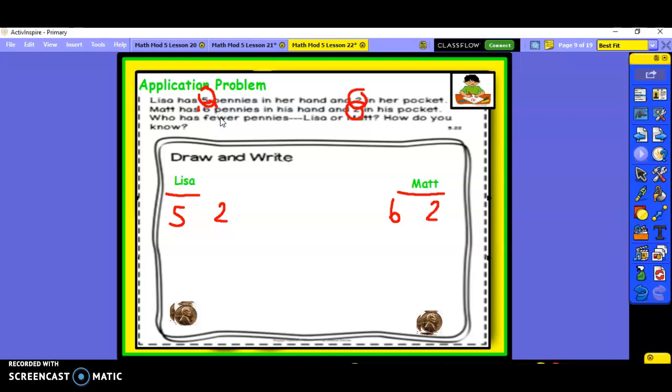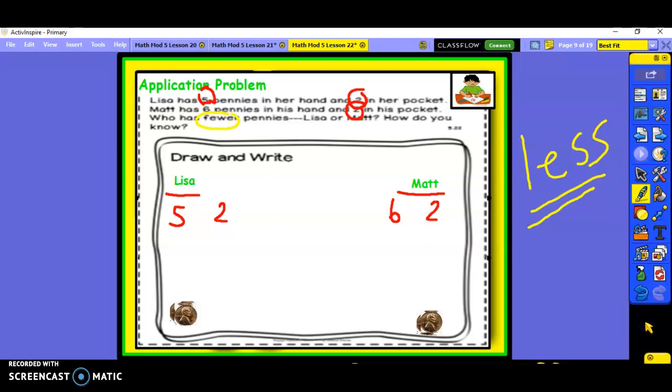Fewer. Let's circle that word. Remember the word fewer? That was one of our math vocabulary words that we really worked on this year. Fewer means, that's right, less, a smaller number. We have to figure out who has fewer pennies, Lisa or Matt.